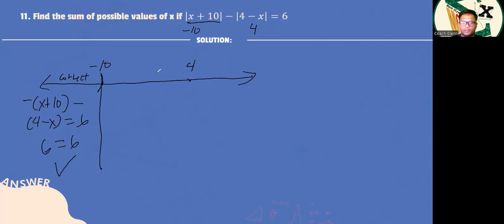How about here? Let's try to pick a number, say 0, because 0 is between these. 0 plus 10 is positive, so your absolute value function won't change. So that's still x plus 10. Here, 4 minus 0 is also positive, so your absolute value function won't change.